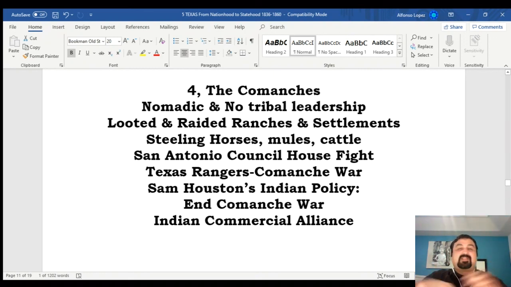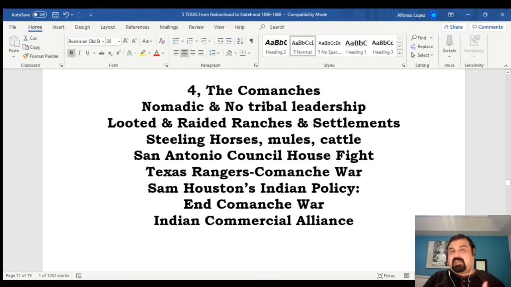This was known as the San Antonio Council House Fight, where some Comanches were invited into the council house of San Antonio to negotiate. They ended up being arrested, by the way. The invitation was, let's negotiate, etc. There was a ransom to be paid and the like.